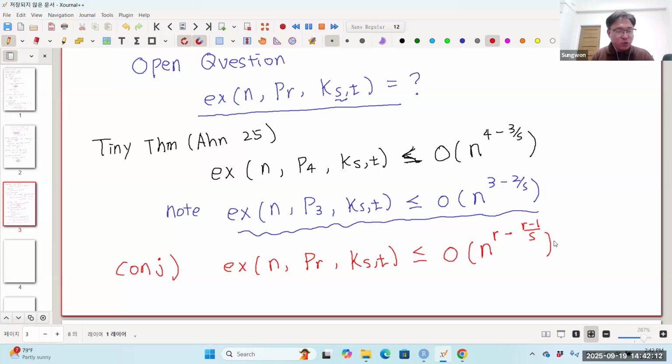And I think that's true based on the few results. I know how to do P5 actually, but I didn't go further because I want to look into P_R, the general case R, rather than the specific cases. But let me give you a small proof of why this is true.